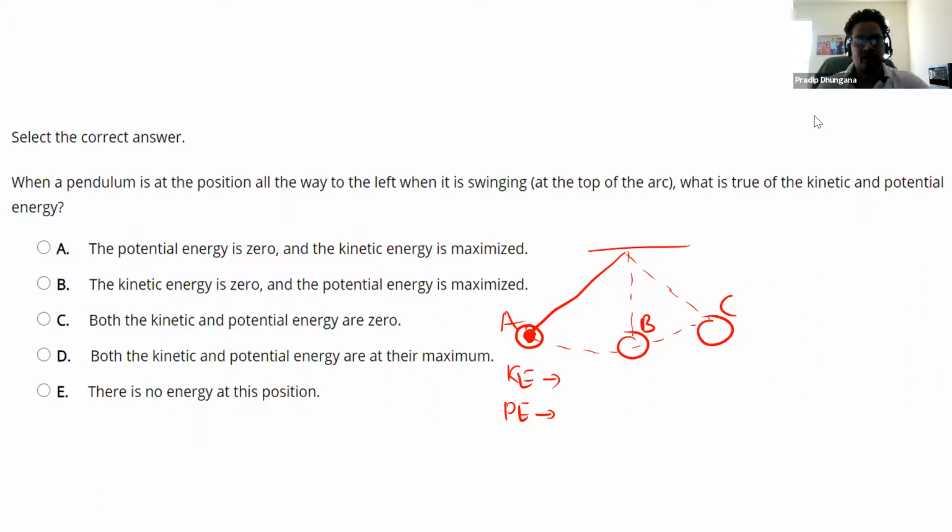I already got one correct answer, I think. Let's see. Yep. I'll wait for some time so that everybody can answer.